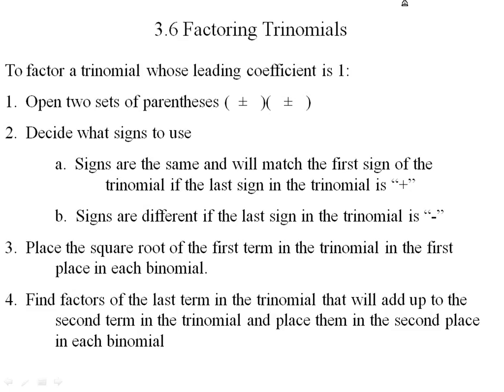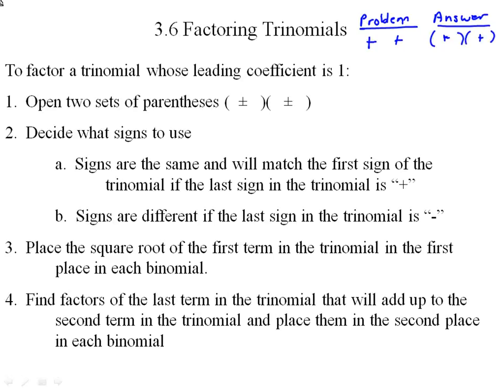Now I'm going to give you a little chart that will help you find your signs in all of the trinomials. Okay? So the little chart goes something like this. If in your problem you have a plus and a plus, in your answer you should also have a plus and a plus.